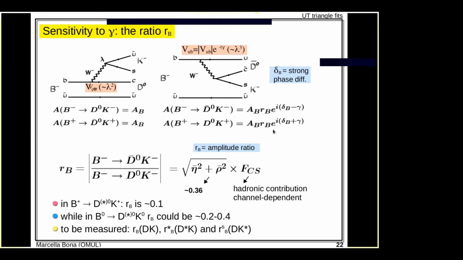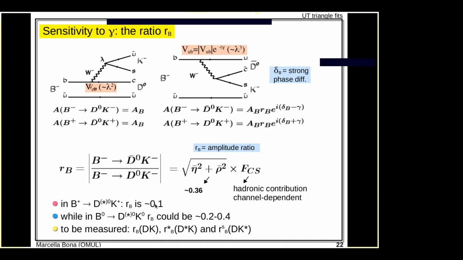And because it's in front of the gamma term, it is basically limiting your sensitivity, and depending on the channel, it can be harsher or less harsh.